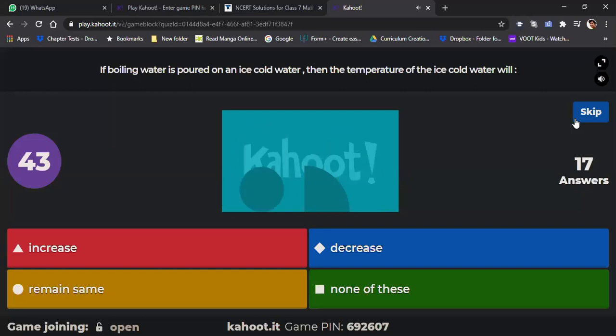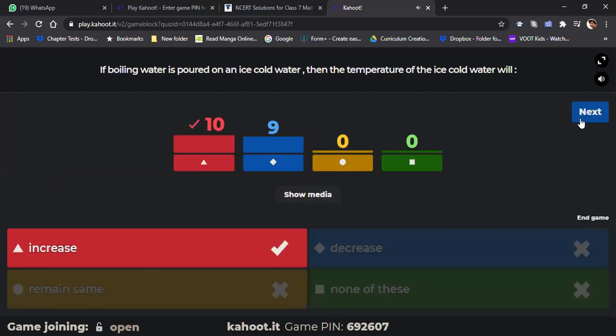We have discussed this. We have learned the formula also. Everyone should answer. So 19 students have answered, right? So we'll skip. The answer is increase. Very good. Most of you have the correct answer.